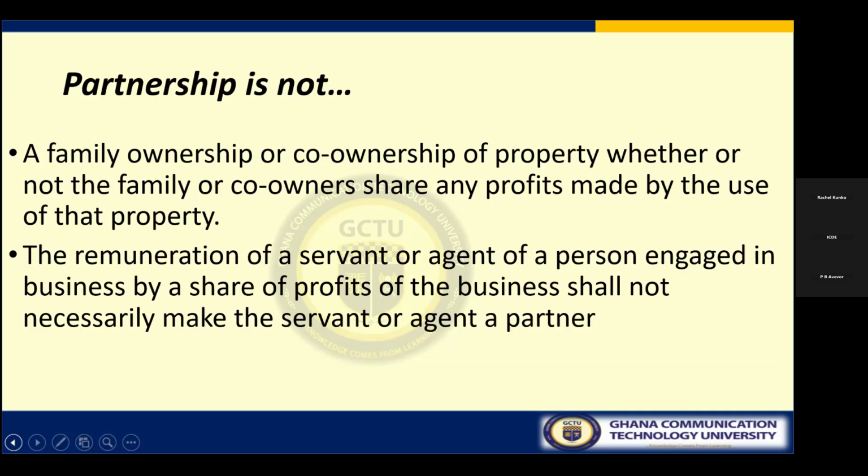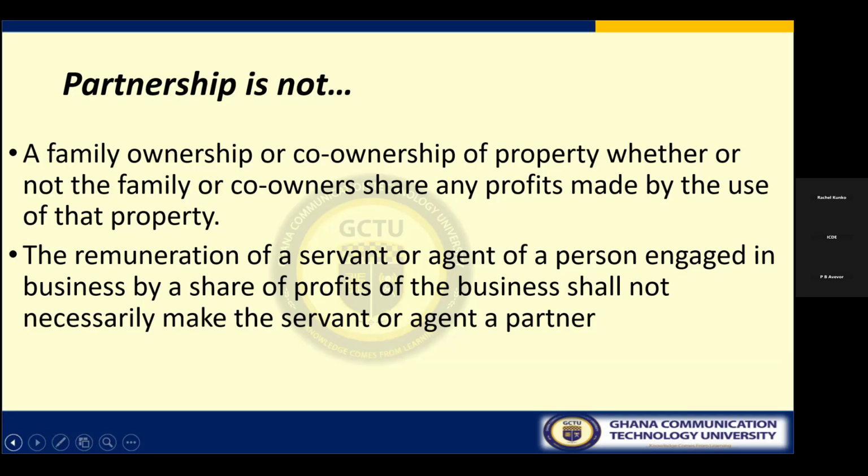So the children now hire managers who are operating the business, and at the end of the year, they come together, look at the net profit made, and then they share the proceeds according to the percentages that their parent has outlined in their will. Okay?